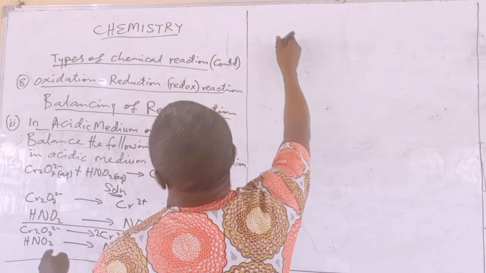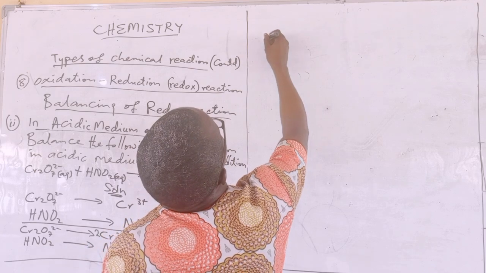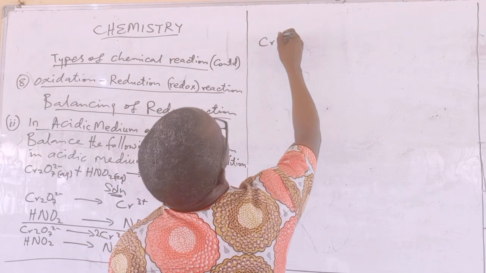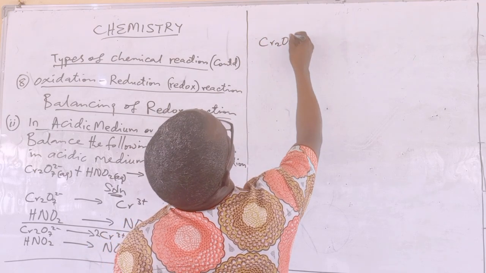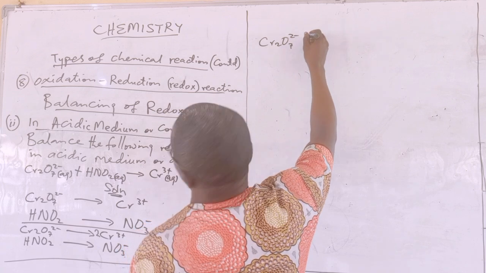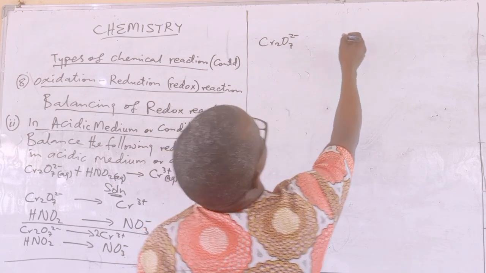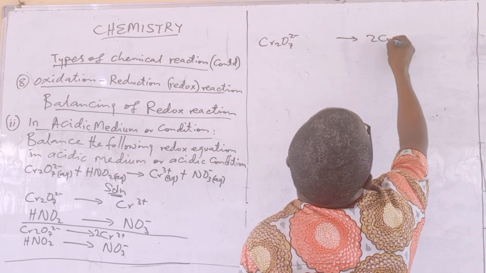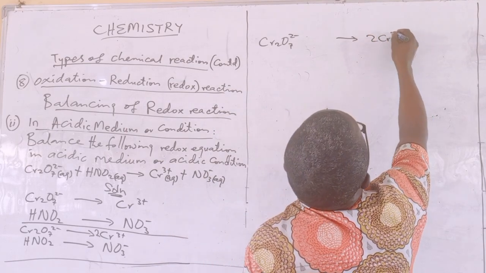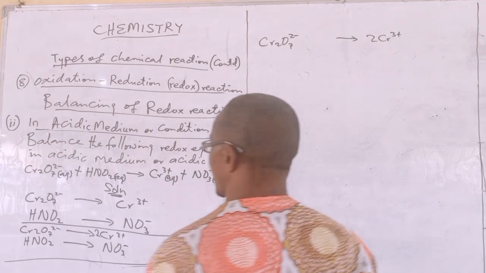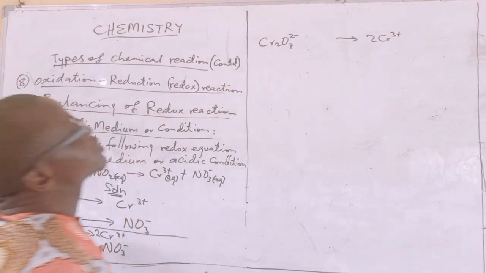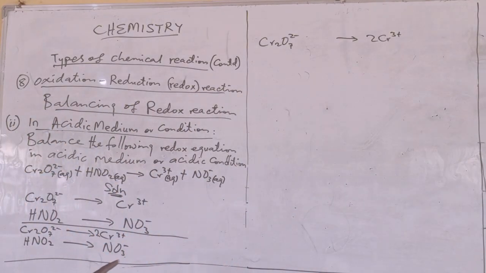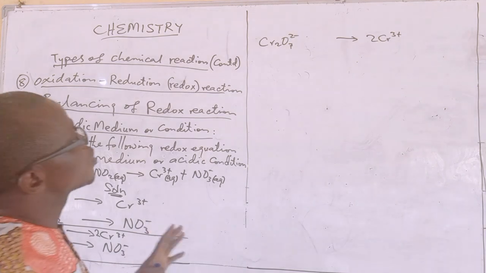So the first equation is Cr2O7 2 minus goes to 2Cr3 plus. Now looking at that, I want to balance oxygen with only what?